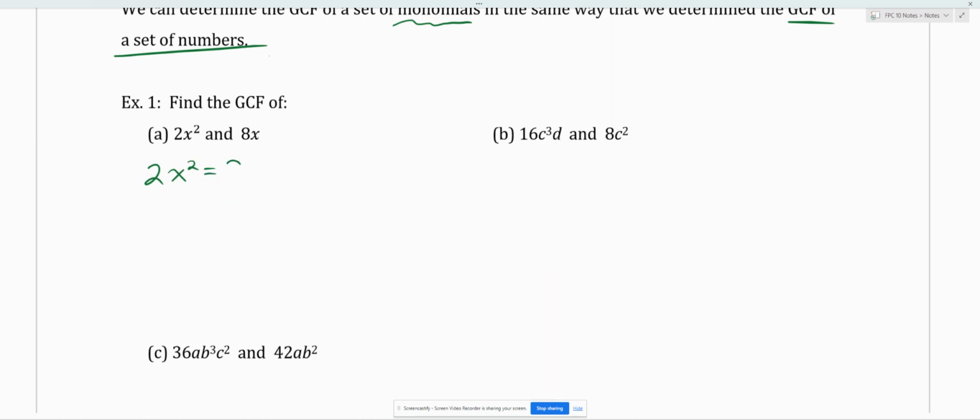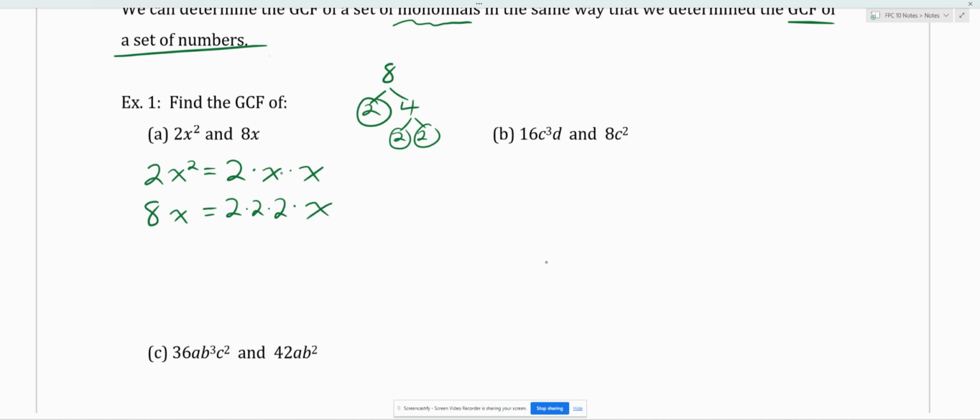So 2 is already prime, and then x squared we can represent as x times x. Let's look at 8x. Now, if you forget how to break 8 into primes, just a reminder, we could do a quick prime factor tree: 8 is equal to 2 times 4, and 4 is equal to 2 times 2, and there's my 3 primes. So let's write it as 2 times 2 times 2 times x.